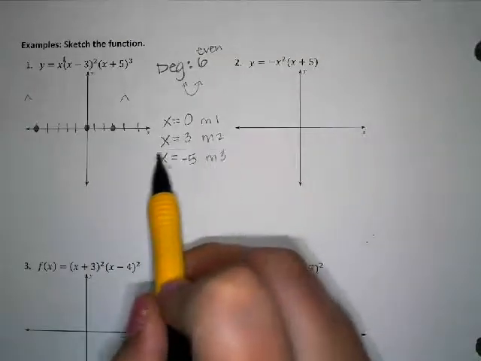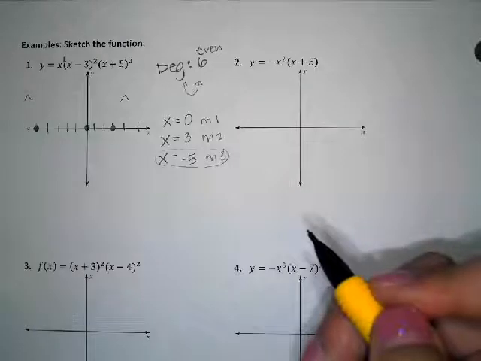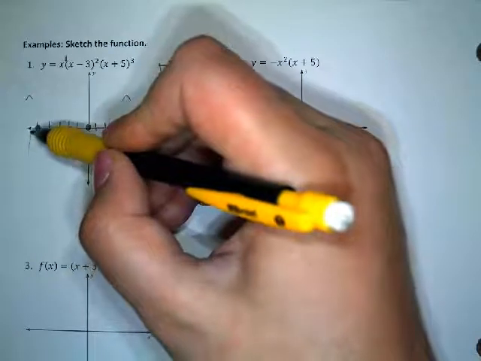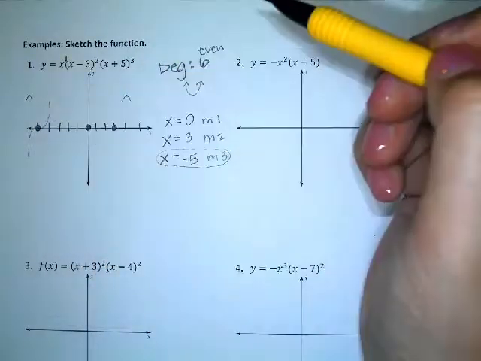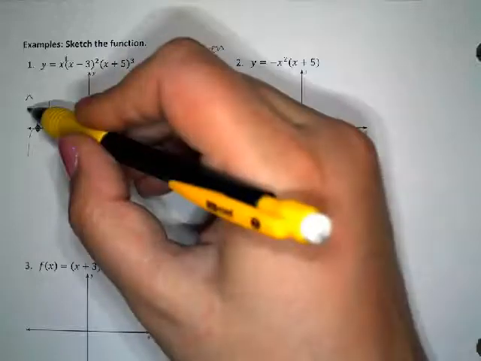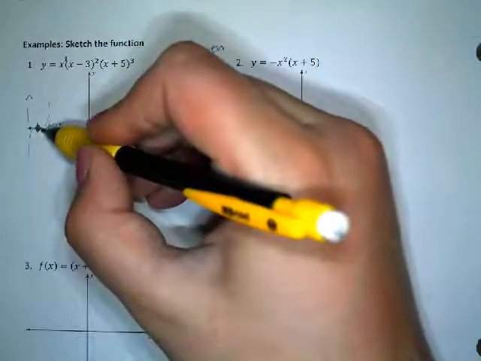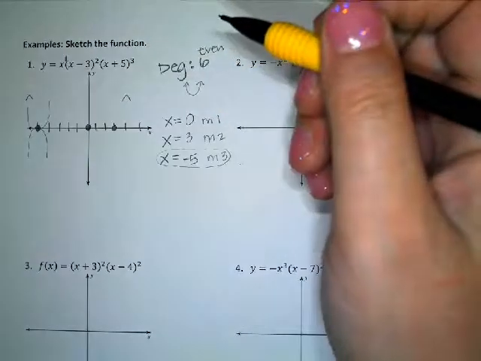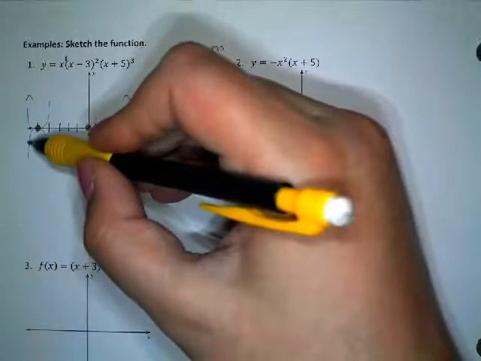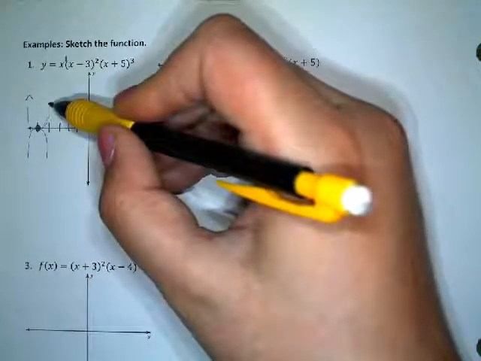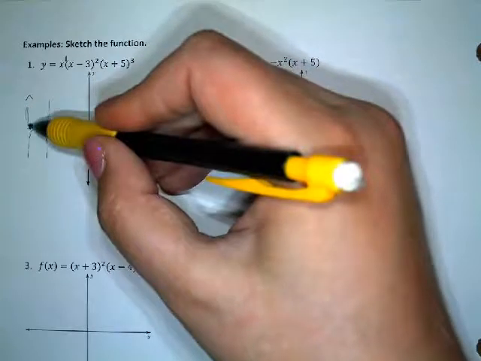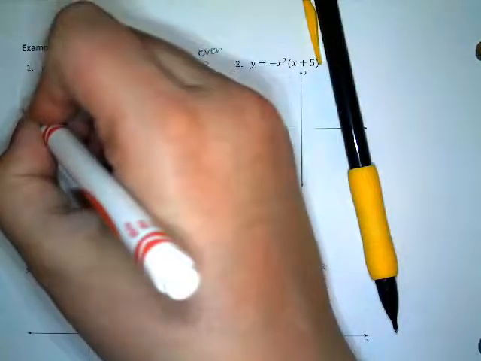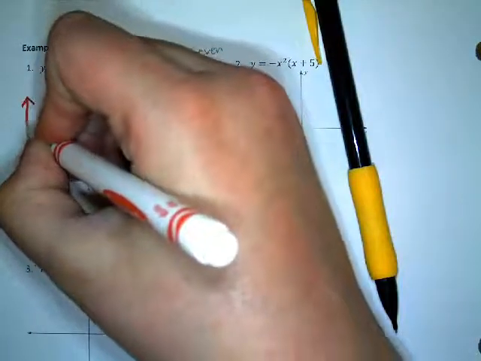And I have 2 options for a multiplicity of 3. I can go up, level off, and go up. That's one option. Or I can go down, level off, go down. Which one makes the most sense to connect to my arrow? Yeah, the go down one makes more sense for my arrow. So there's my first one, there's my negative 5.